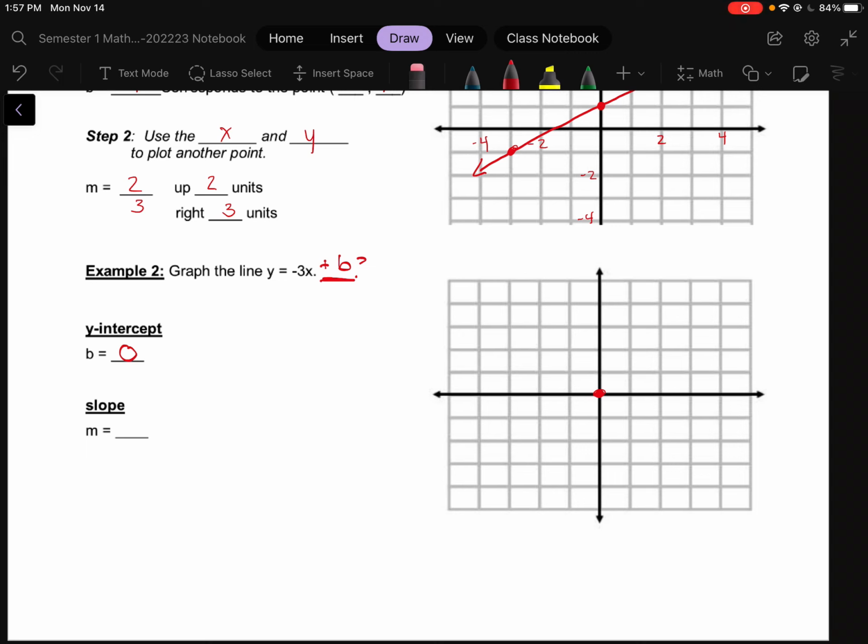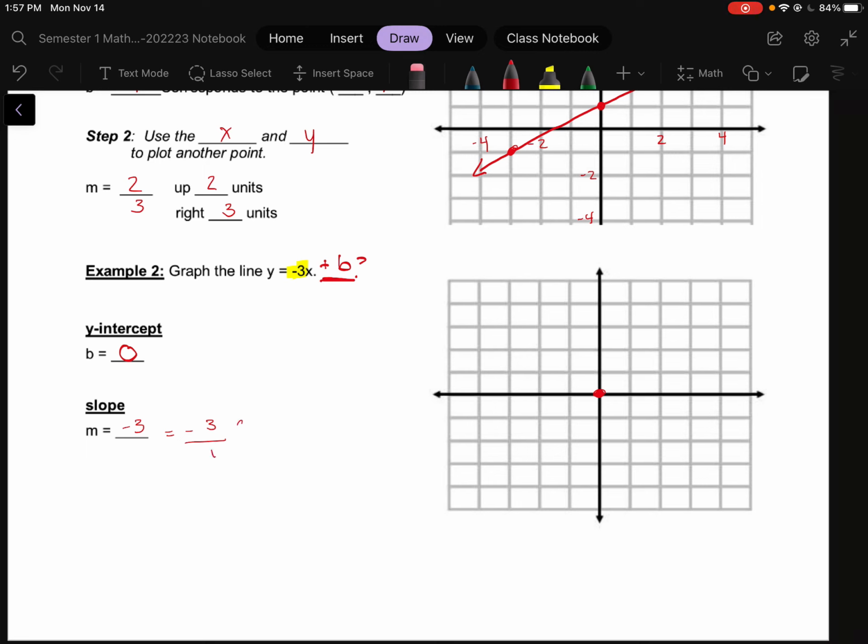From there, our slope says it is 3, but it's a negative 3. So that means we are going to go down by 3 and to the right by 1. Because if this is a fraction, it's negative 3 over 1.